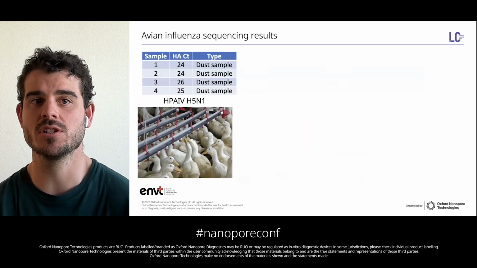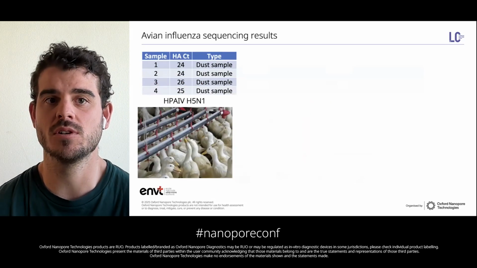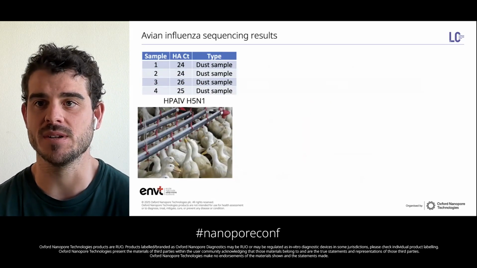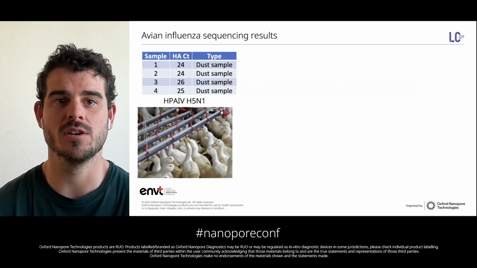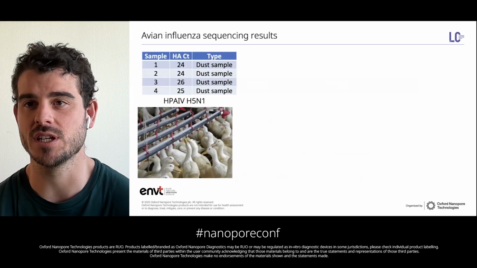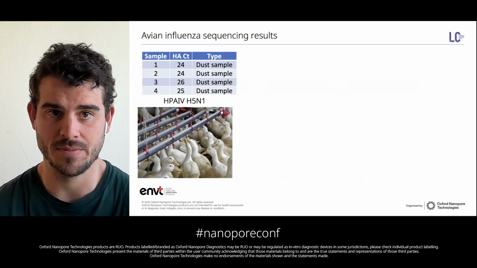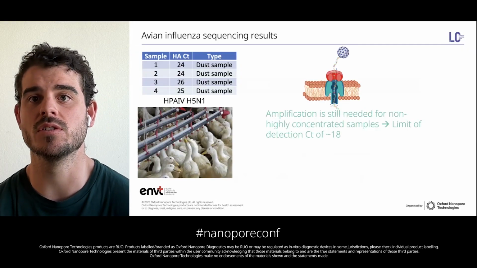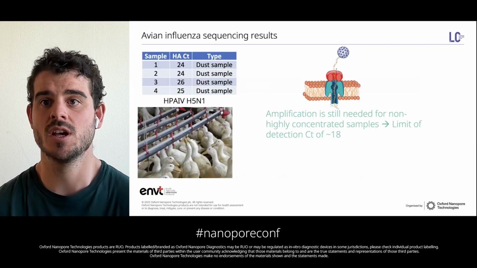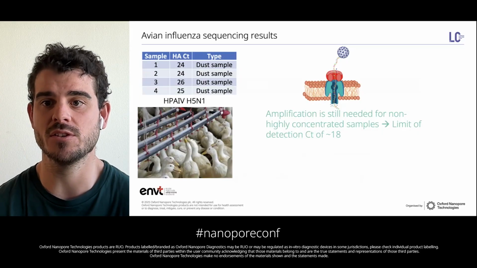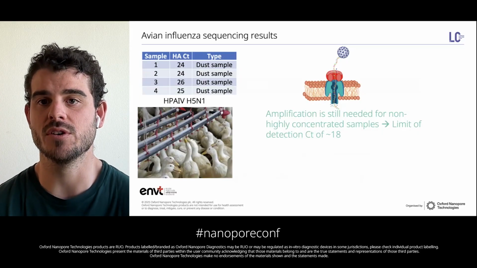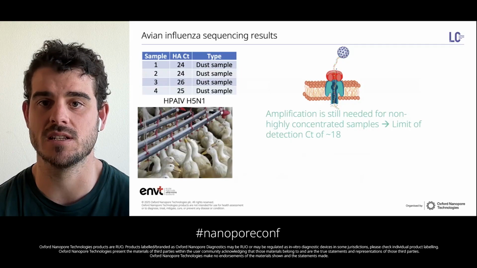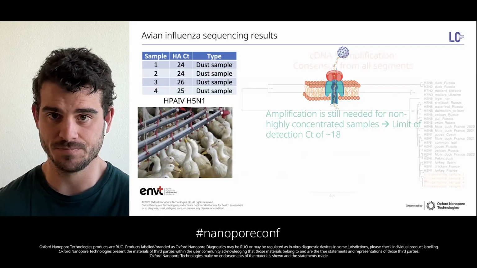To validate these results, we used actual environmental samples from a farm in France, a duck farm in France that we know was infected with a highly pathogenic H5N1 strain. We used those samples, and for that we sequenced using the cDNA conversion and amplification, because we determined previously that the limit of detection of the direct RNA technique was too low for these environmental samples.